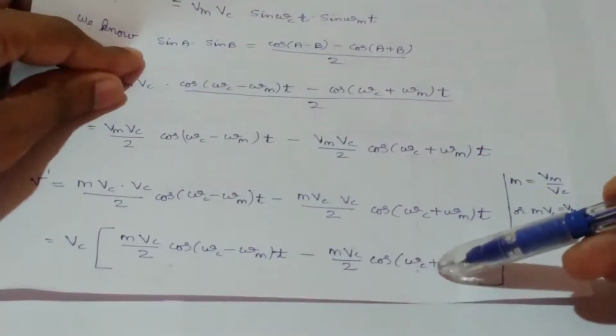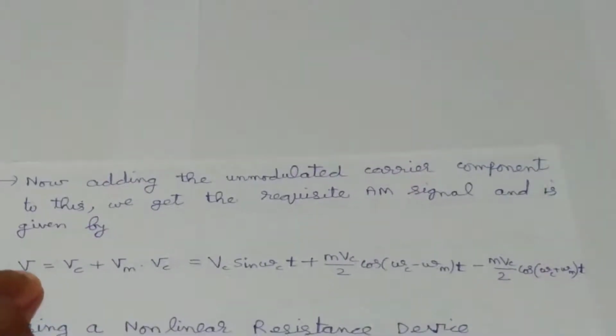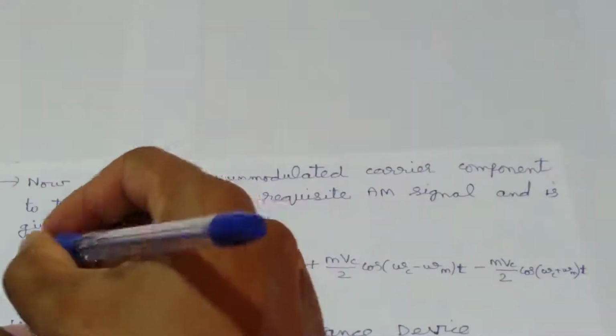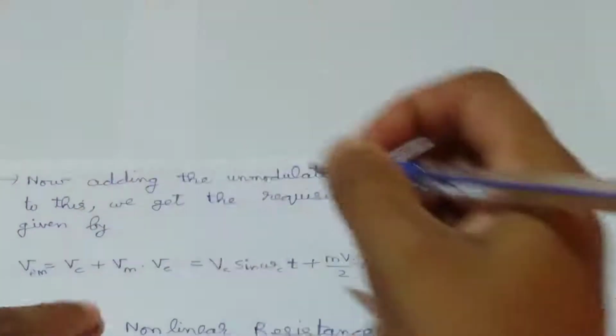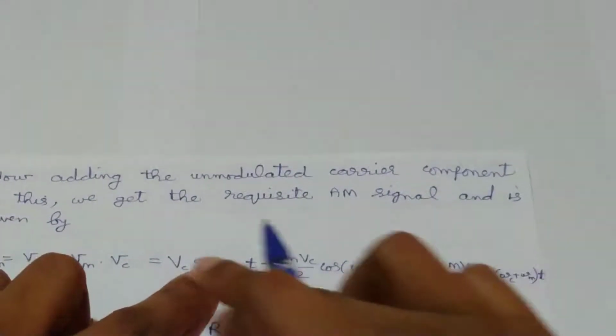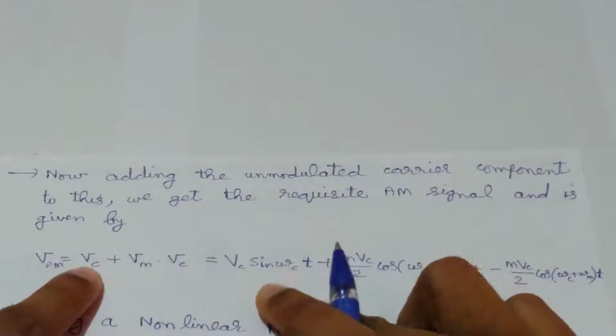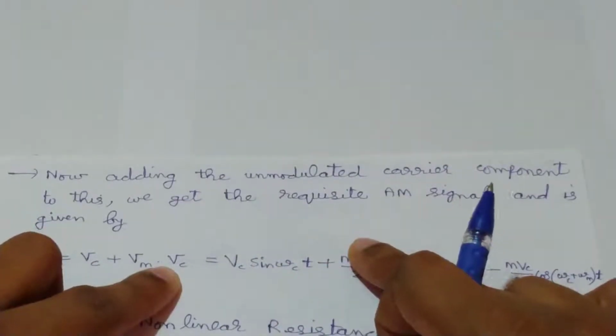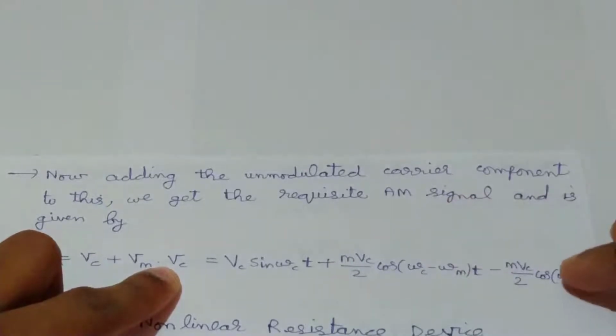So at the output of that summing junction, we will get our AM signal as V is equal to Vc plus Vm into Vc, or Vam is equal to Vc plus Vm into Vc. Here the small vc is Vc sin omega c t, our carrier component, and this Vm into Vc consists of our lower sideband and upper sideband component.